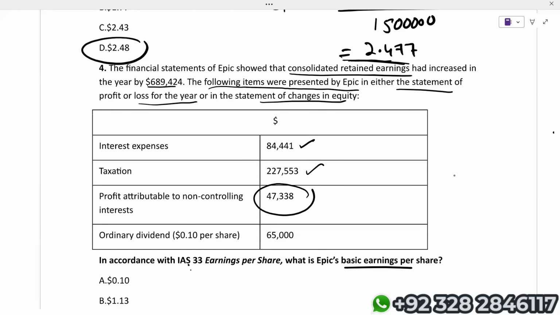Actually, if we have consolidated profit after tax, then we are going to deduct preference dividend and we will also deduct NCI. But here categorically it is mentioned, it is consolidated retained earnings. So technically NCI is already deducted. We don't need to deduct NCI anymore.